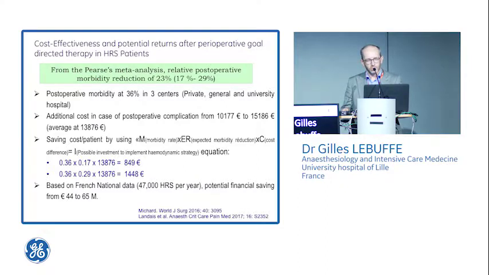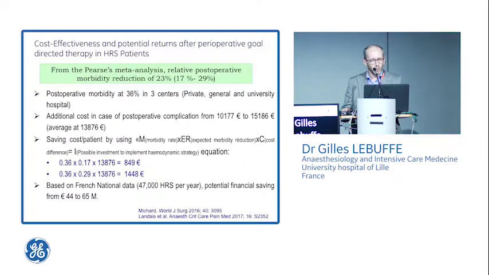When you have a complication, you have an additional cost. And this cost was estimated between 10,000 and 15,000 euros. The average was 13,000 euros. And now we try to measure the cost saving per patient when you use a multimodal hemodynamic approach. So we use for that the MERCY equation proposed by Michard in 2017. What is this equation? M for morbidity rate, ER for expected morbidity reduction, C for cost difference, and this provides you a possible investment to implement a hemodynamic strategy.